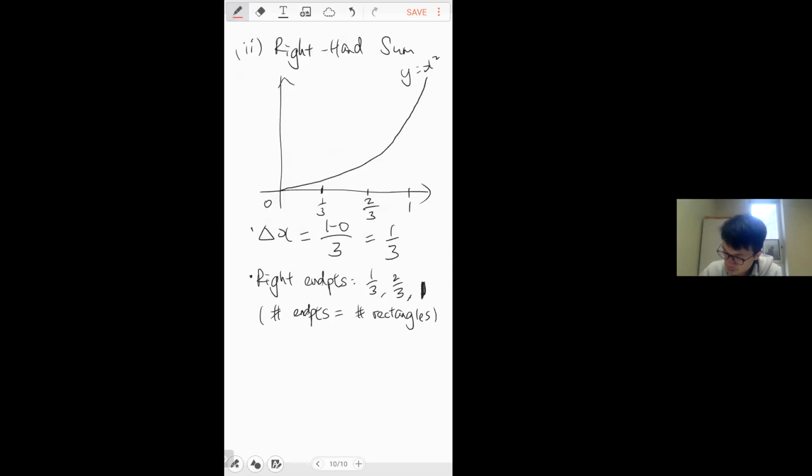Use red. Okay, I'm doing the right-hand sum. So for the interval from 0 to 1/3, I'm using the right endpoint, which is 1/3. And using that, I need to draw a rectangle like this. Is it okay?